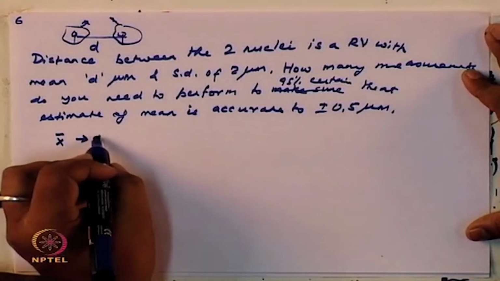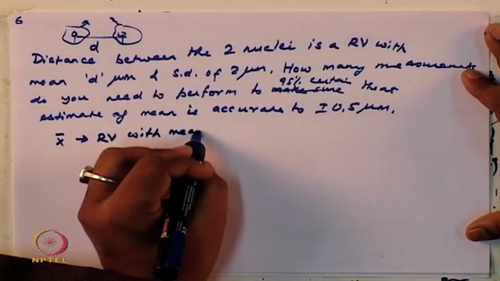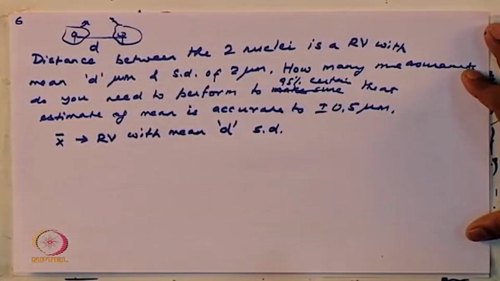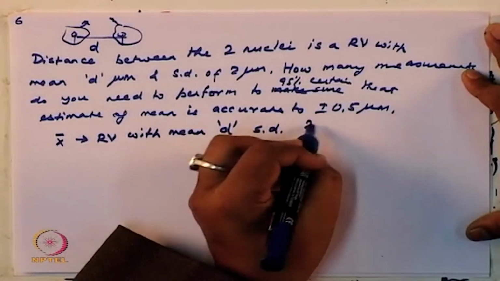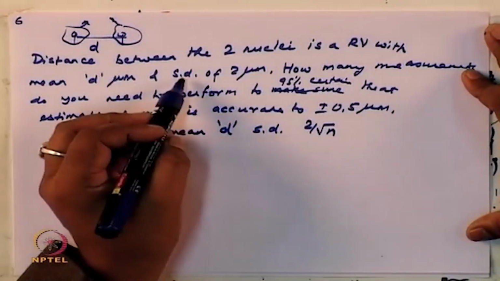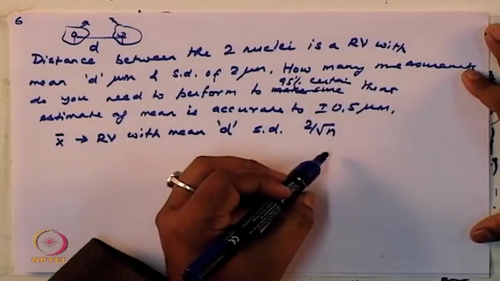This is a random variable with mean equal to d, and standard deviation to be 2 by root of n. Here 2 is the standard deviation of each of these, so x bar will have 2 by root of n.